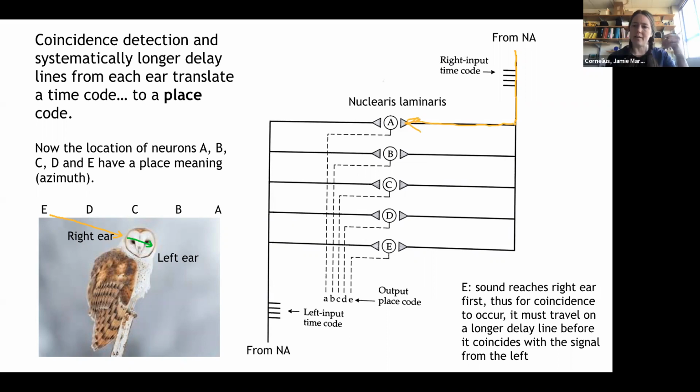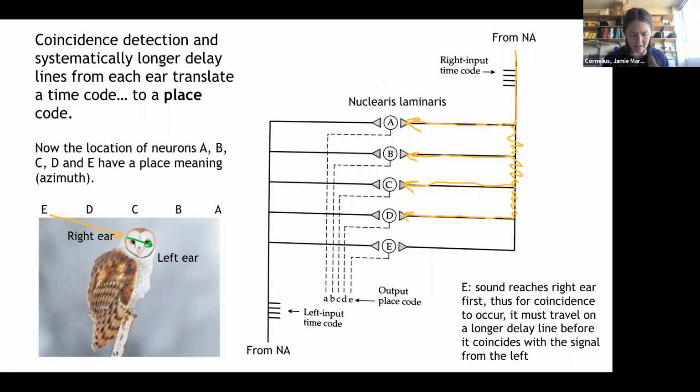And again, there's these delay lines, right? So it takes a little bit longer before it reaches B, a little bit longer before it reaches C. Meanwhile, that left ear sound is perhaps just arriving.